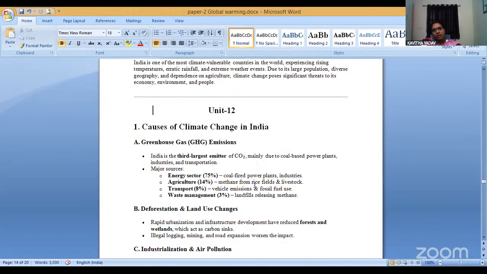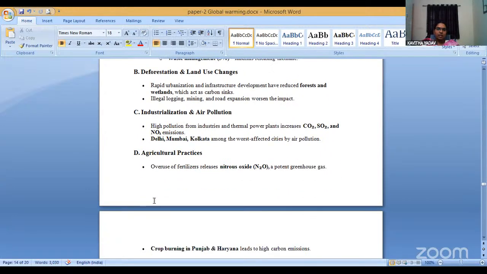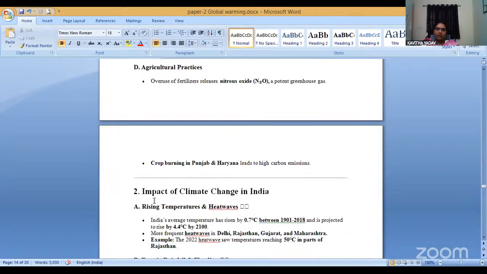And in the second, unit 12, we learned what the greenhouse gas emissions are and what percentage each contributes: energy sector 75, transport 80, agriculture 14, waste management 3, deforestation and land use changes, industrialization and air pollution, agricultural practices.